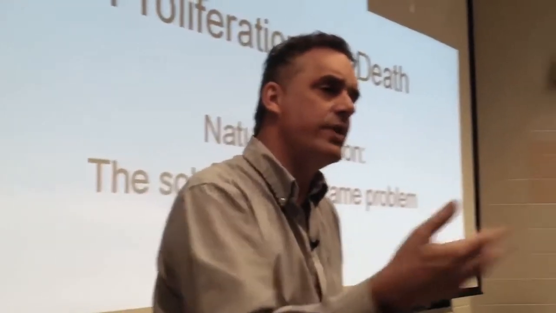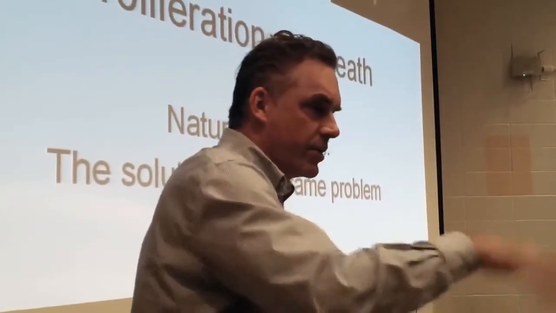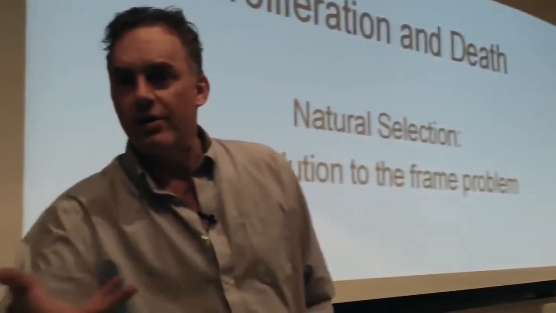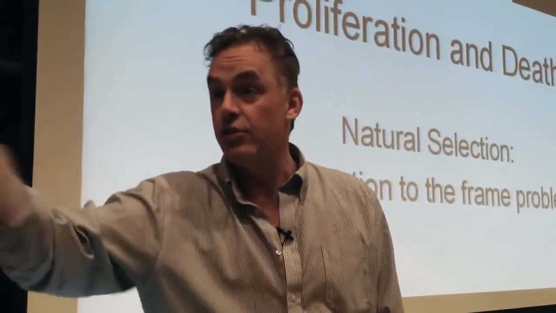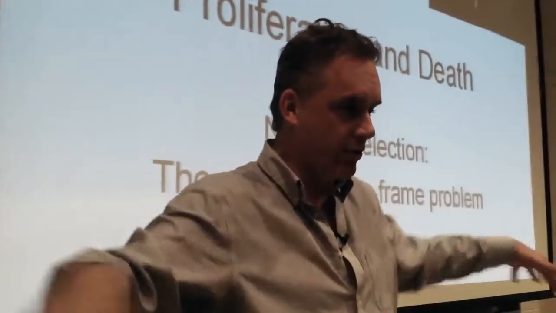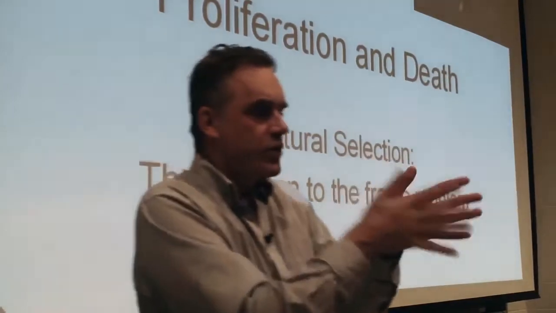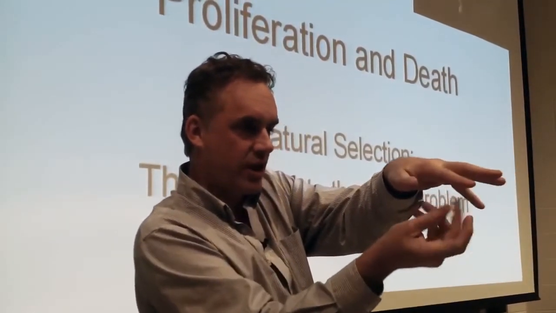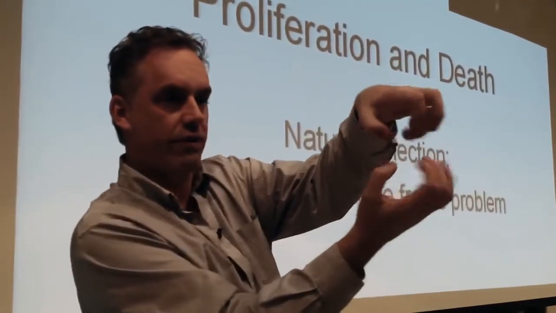But the issue is that what you do is you start with something that kind of works, and then you produce microvariants of it, and then the world around you changes a little bit, and hopefully one of those microvariants manages to do the same thing, and then it produces a bunch of microvariants, and then they manage to do the same thing. And so what's happening is there's an arms race between the environment, which is always changing, and the organisms that are trying to keep up with it, and that arms race just goes on forever.